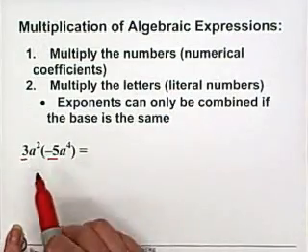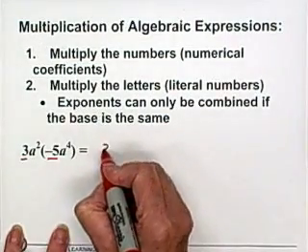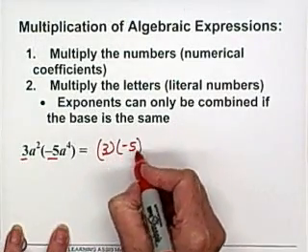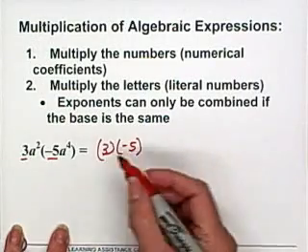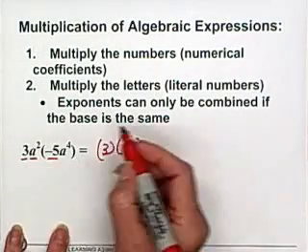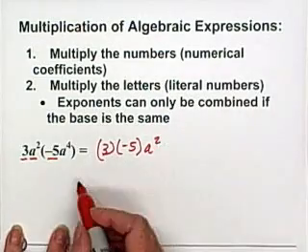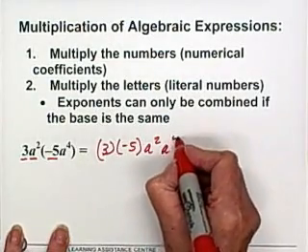When we're multiplying the numbers, we're multiplying 3 times minus 5. So we just write down 3 and minus 5. Then we also have a squared right here, and we have a to the fourth. So you just write it down like this.